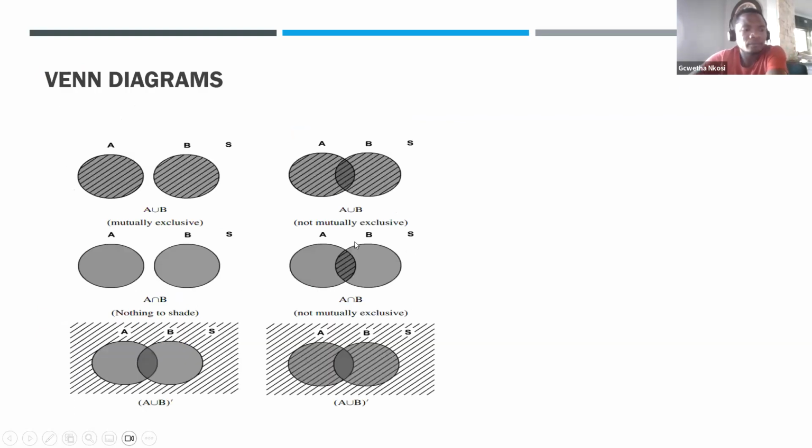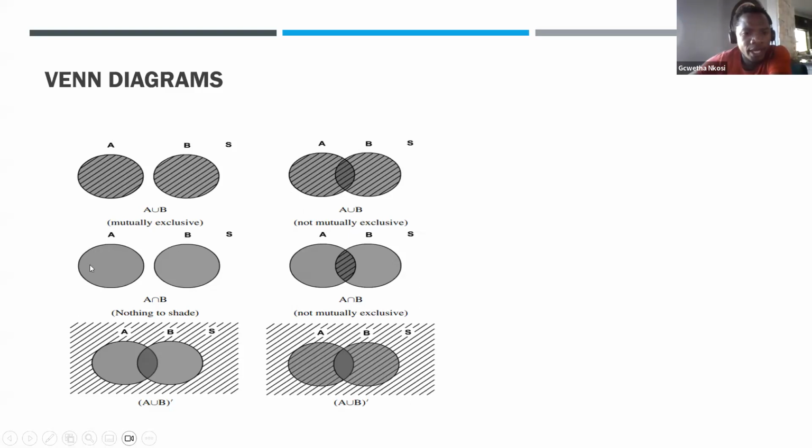Now look at another example of this Venn diagram. If you look at the first column, the two rows, these ones are mutually exclusive, and this is the representation we give them. Now, the one on the far right is not mutually exclusive because they do have common elements.